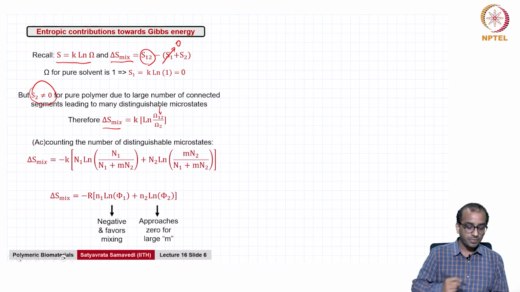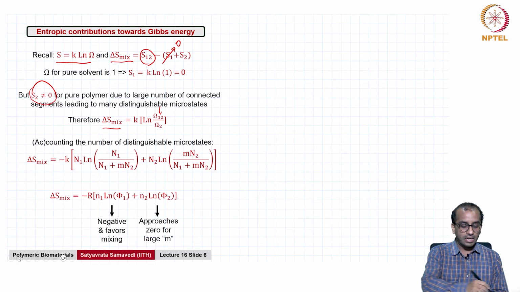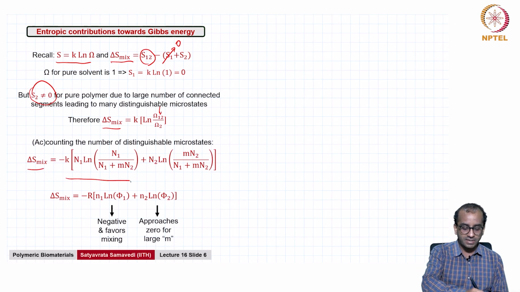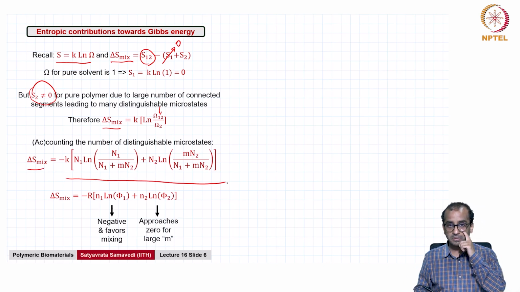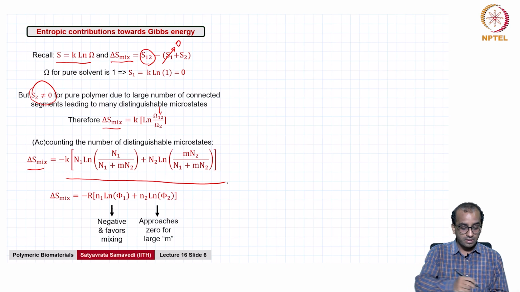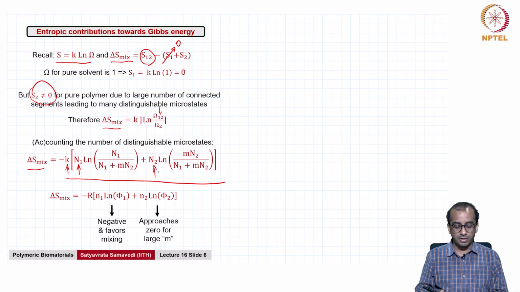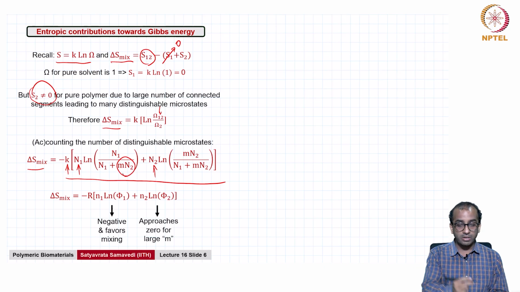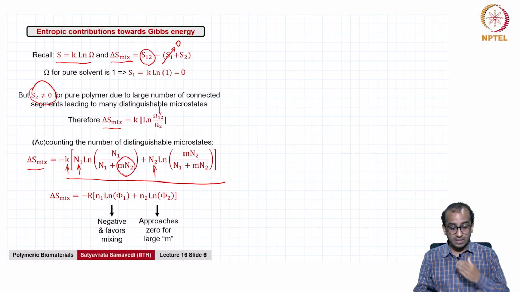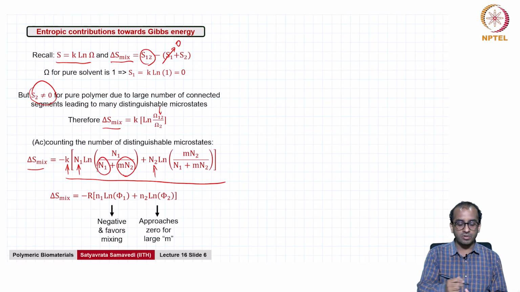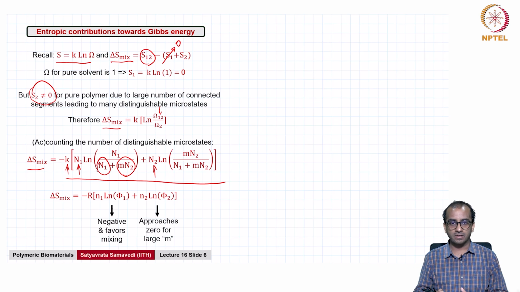You can show that for delta S mix, you will ultimately end up with an expression that looks like this, where this is the Boltzmann constant, this is the number of solvent molecules, this is the number of solute molecules, and Mn2, as we saw, N1 plus Mn2 is the total number of sites that are there in the lattice.